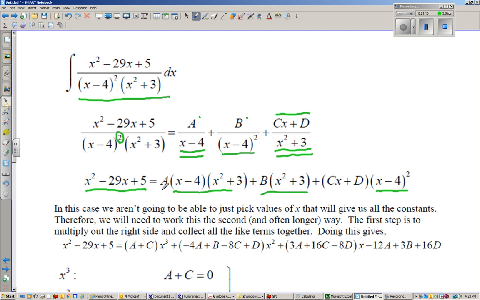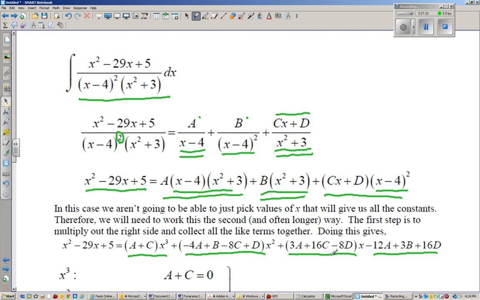We have to multiply out this left side, as painful as that is, which isn't too bad, and then multiply all this out, and then bring together all of our x cubed and all of our x squareds and all of our x's and all of our constants.